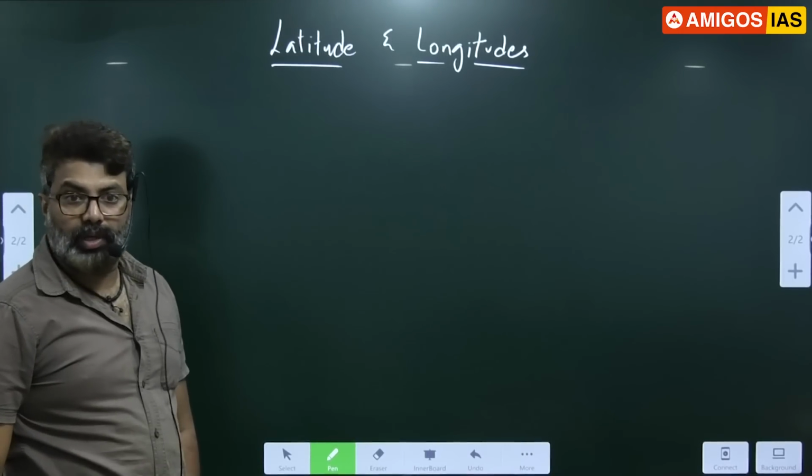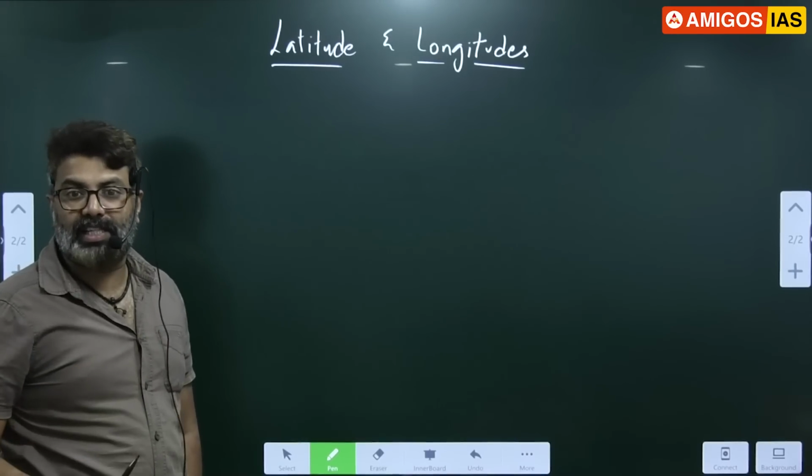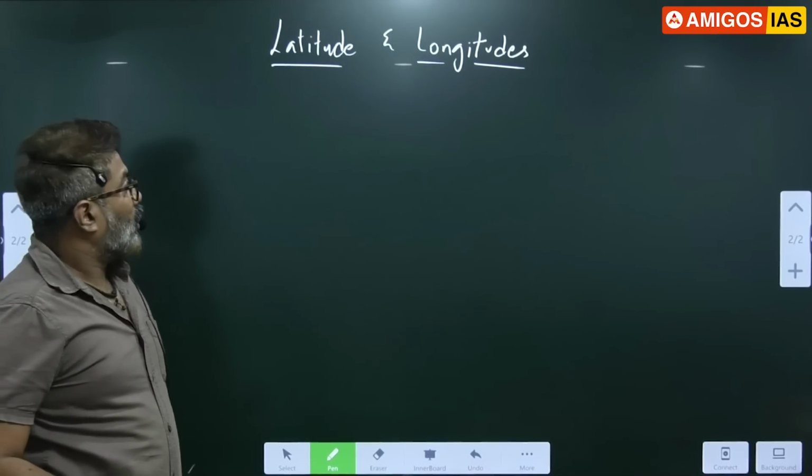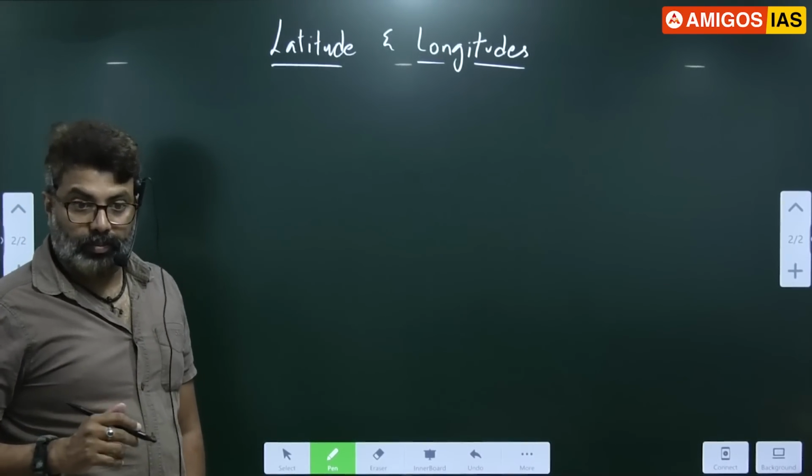Latitudes and longitudes. Okay. This is the next topic. This is also given in NCERT. So it's a very important topic.